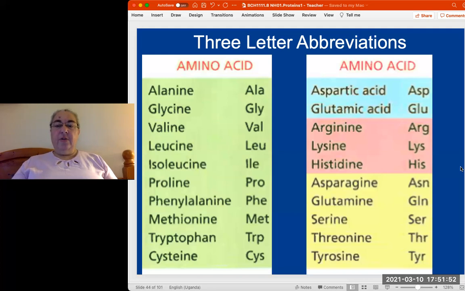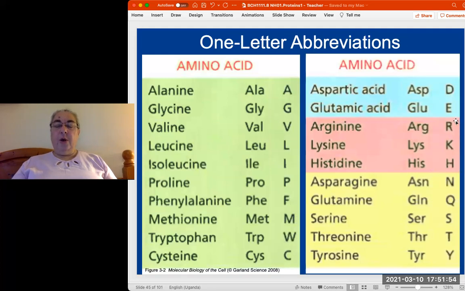And then there is also a system of 1-letter abbreviations, and you'll see later on, especially when we do some more molecular biology, why this shortened form is very useful.